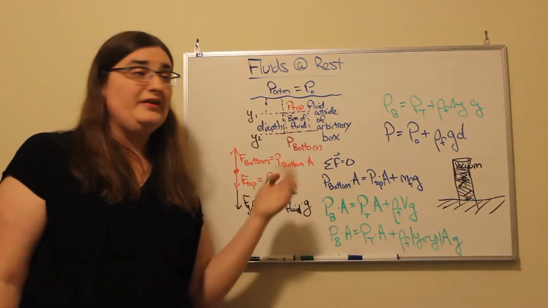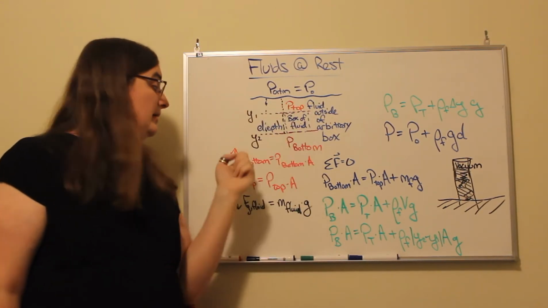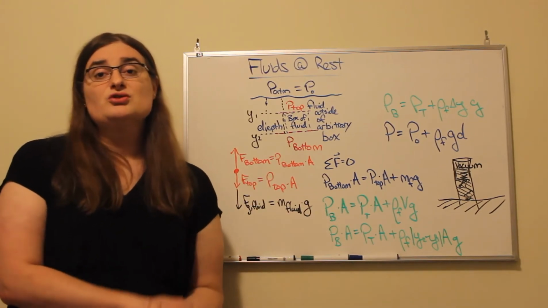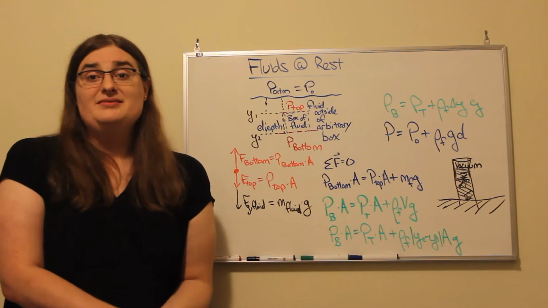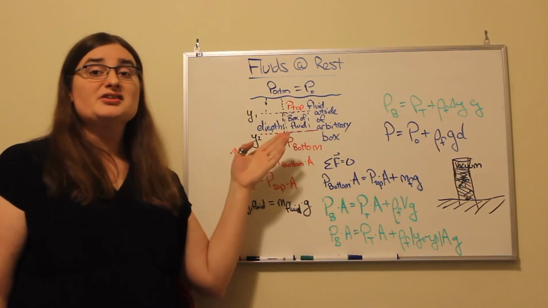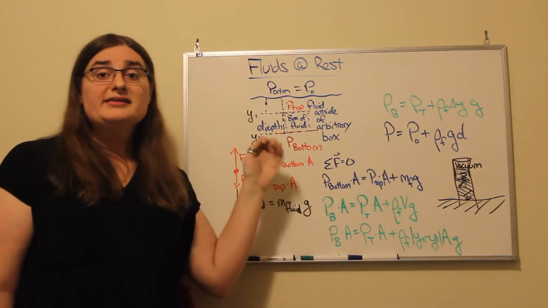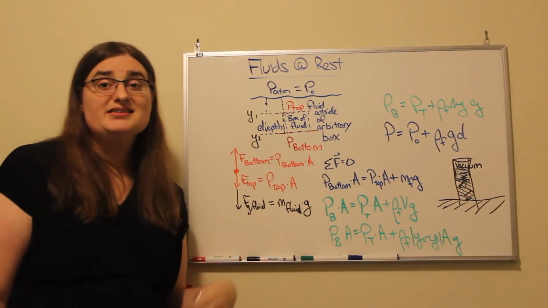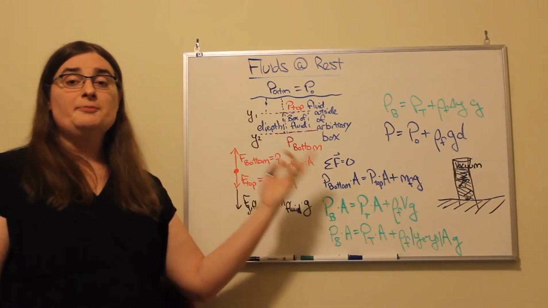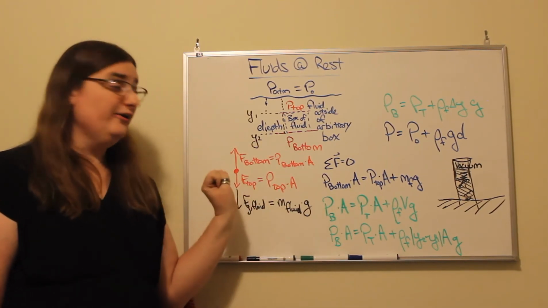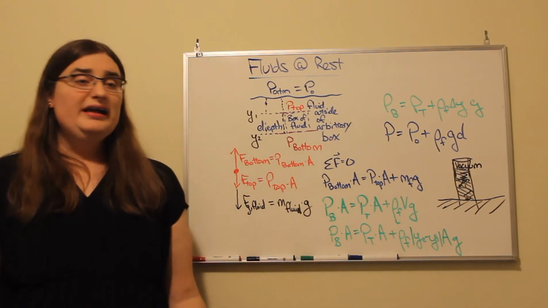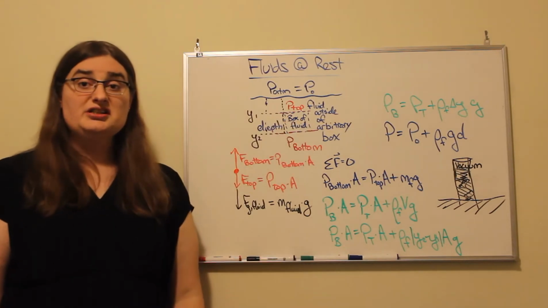There would be a pressure there, and there would be a force pushing downward on the top of that box that would be equal to the pressure on top of the box times the area of that box. On the bottom of the box, again, collisions are happening. There would be pressure at the bottom of the box, and there would be a force on the bottom of the box equal to the pressure on the bottom of the box times the area, and that force would be upward.